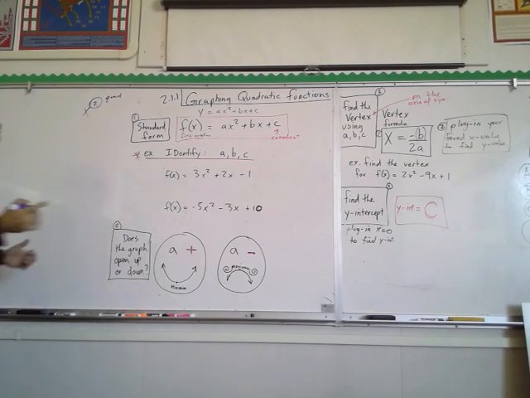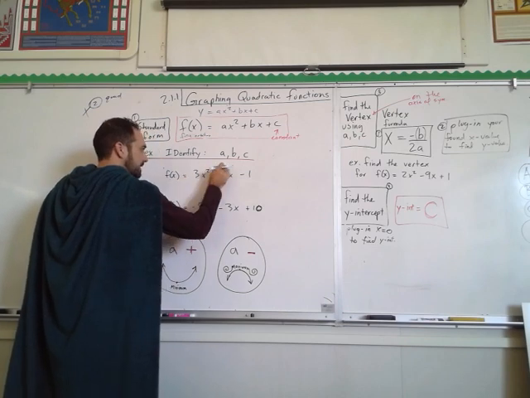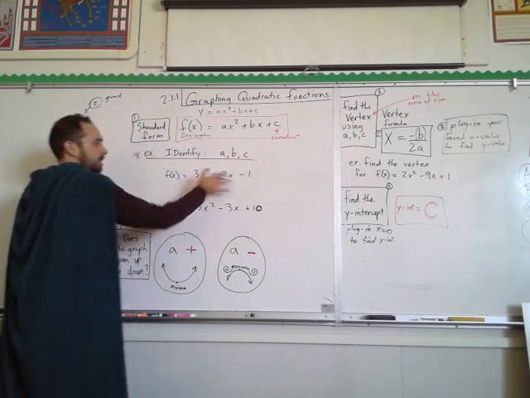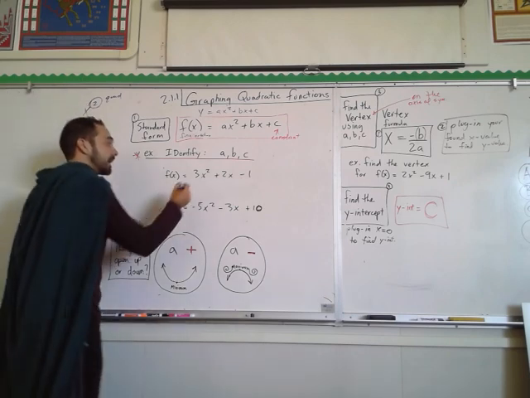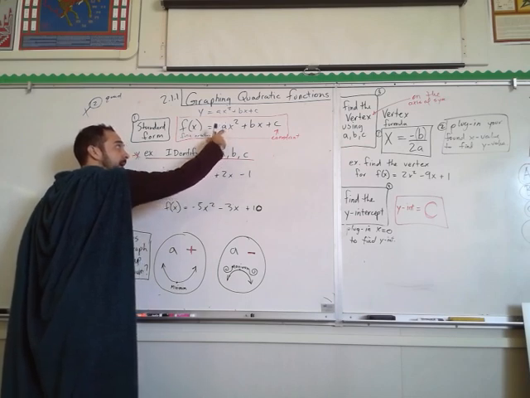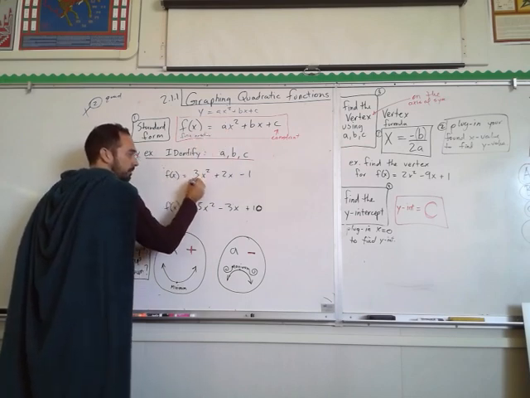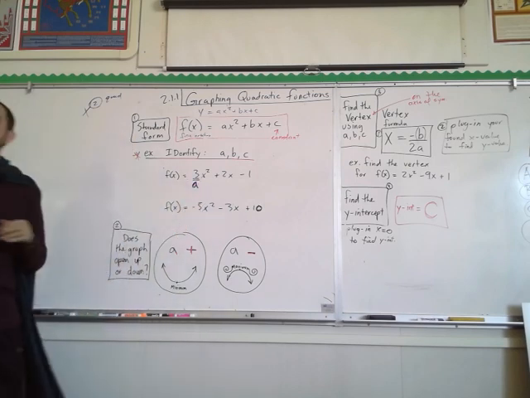If I look at this equation right here, what is my A value? Yeah, Daniel? 3. I look to the x squared because that's the term that's connected to my A coefficient, and I know that 3 is my A value. How easy was that to identify?